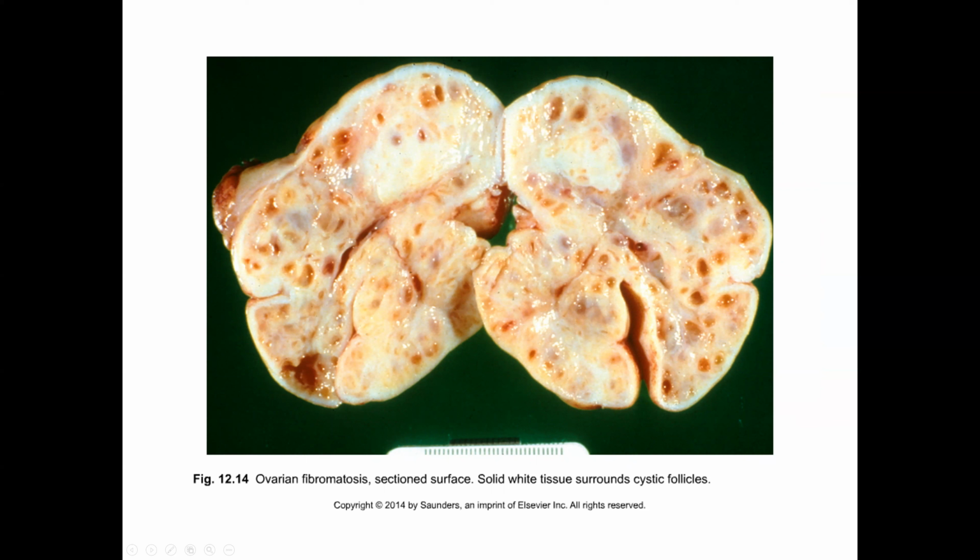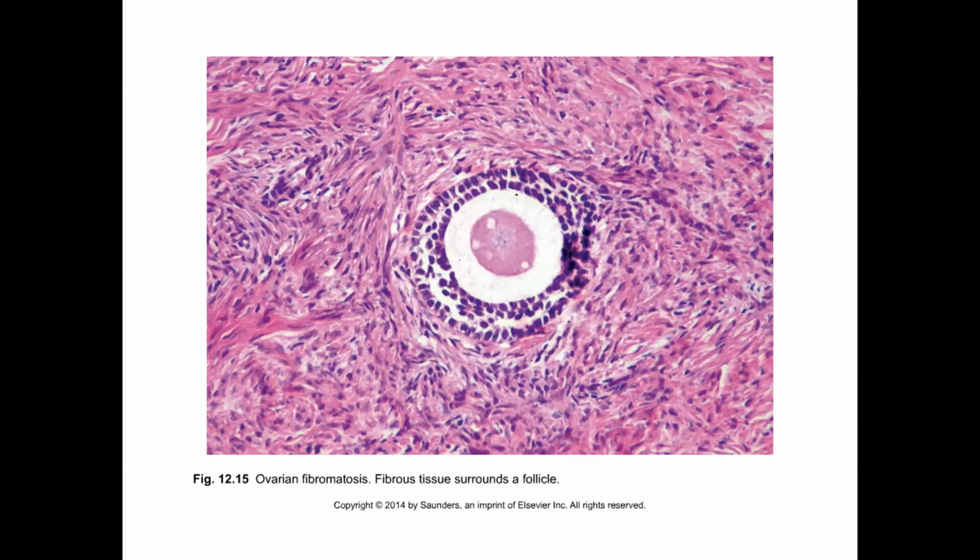Unusual to encounter it here in the ovary, but for fibromatous lesions that have that characteristic morphology and appropriate immunohistochemical findings, you can make that diagnosis as well. Here's what it looks like under the microscope, very fibromatous bands of cellular tissue surrounding ovarian follicles without the normal theca type of investiture around the follicles.